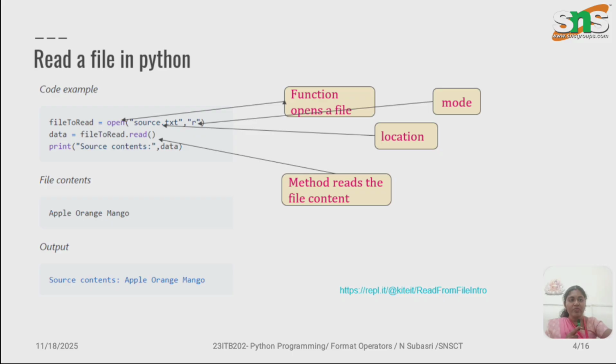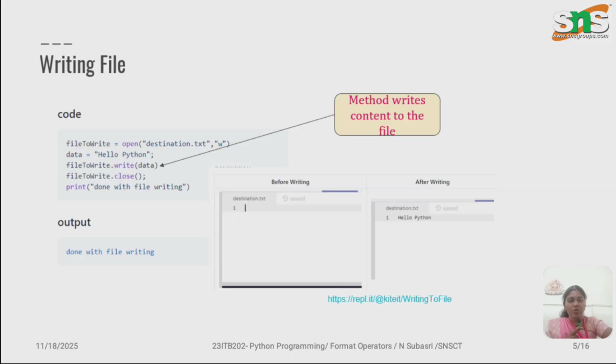The method which helps you read the file content is also denoted here. Inside the file source.txt we have the content apple, orange and mango. So the source content will be read and you will get the output apple, orange and mango.